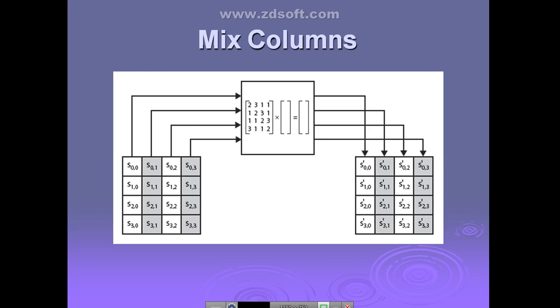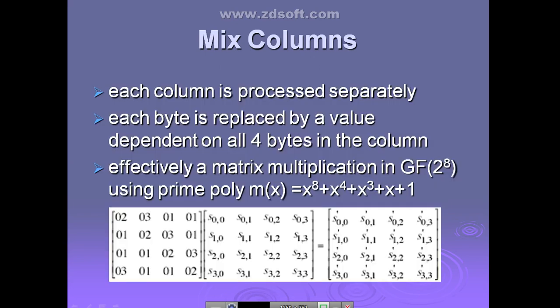For that, it is going to perform a function of the 4 bytes in that particular column. It looks like a matrix multiplication, right? Something like matrix multiplication over, I told you, the finite field, the polynomial GF(2^8), right? This particular concept is used to do the function.